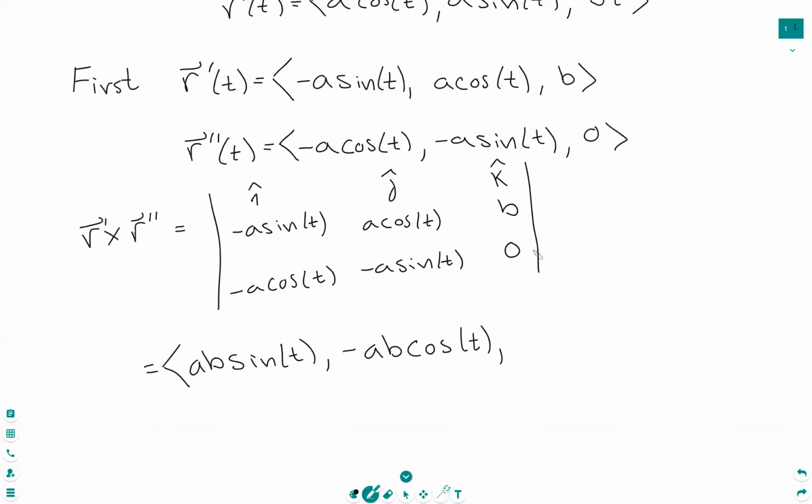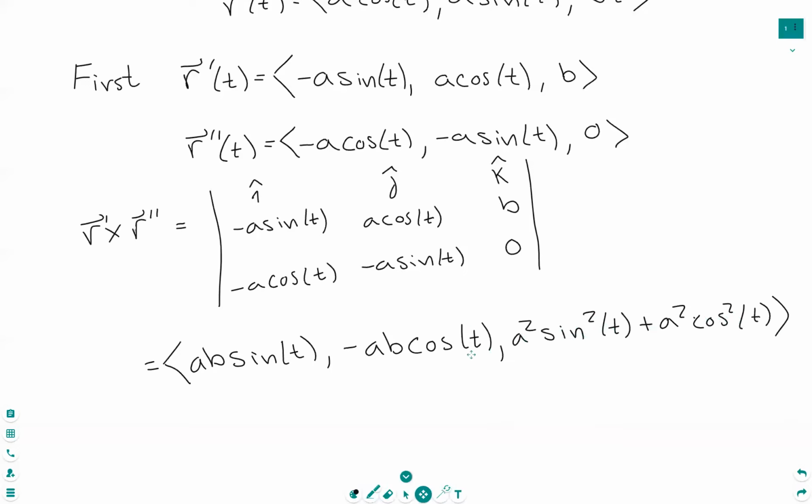And then for our z component, we're looking at the determinant of this block here. So we have a squared sine squared of t plus an a squared cosine squared of t. But that's really nice because we have a sine squared plus this cosine squared, so we can simplify this just a little bit.